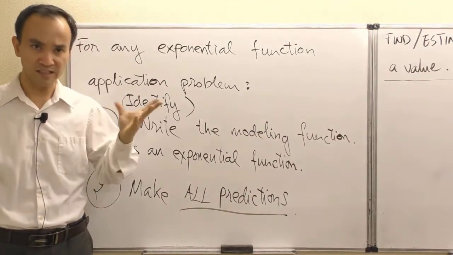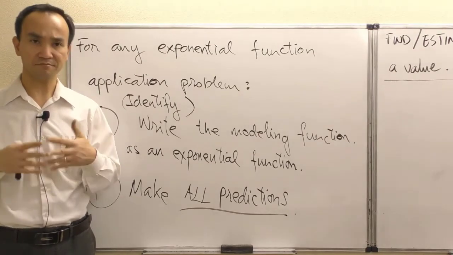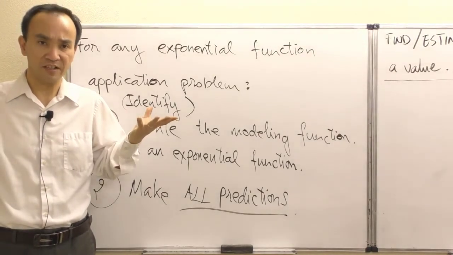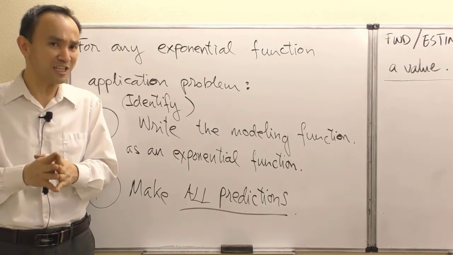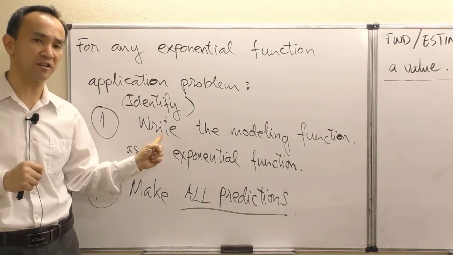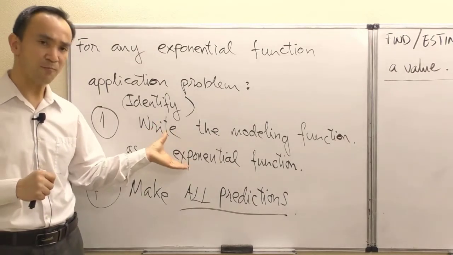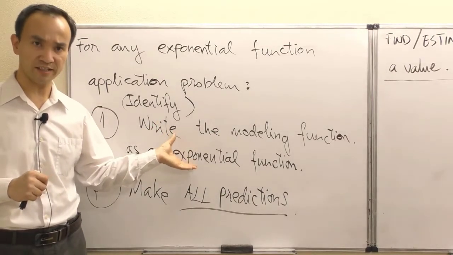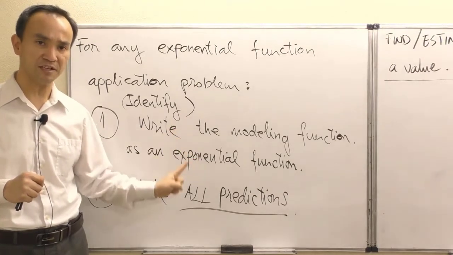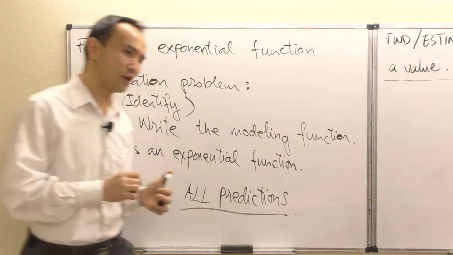Do all kinds of prediction. But in case the function is not given and the problem did not specifically ask for it, we know it is our responsibility to write the modeling function. So step 1 is always a big must to get done before we can move on to step 2, to stage 2.